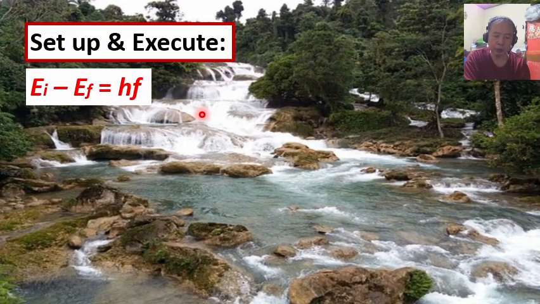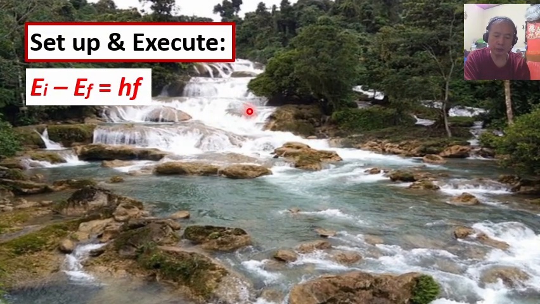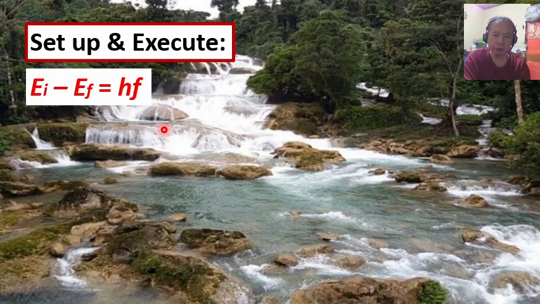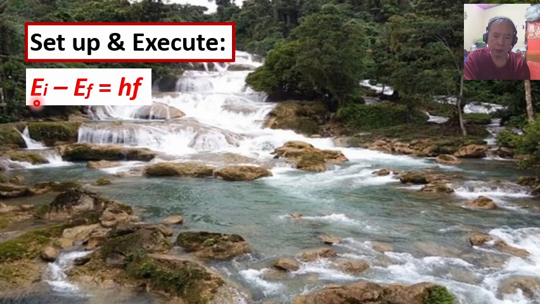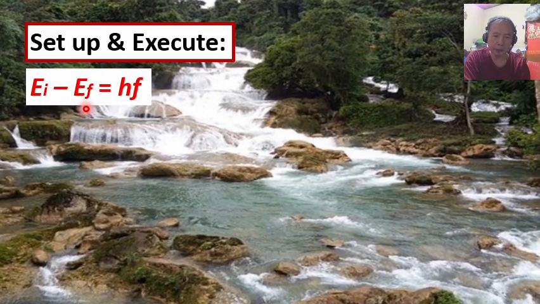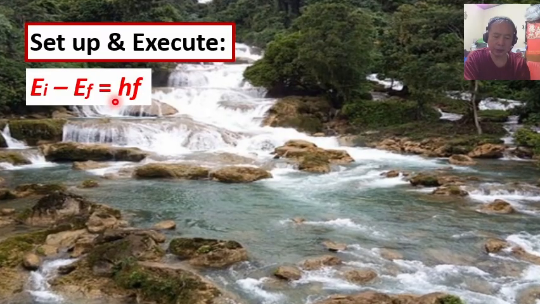Moving on to our computations, based on the photon energy equation, E sub I minus E sub F equals hf.